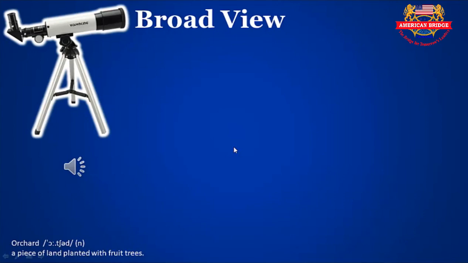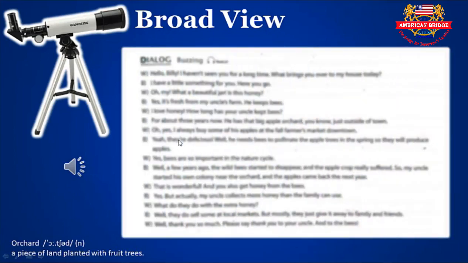And you also have a new word today, the word orchard, right? Orchard, a piece of land planted with fruit trees, okay. So you can see the picture is a little bit blurry, but after you listen to the track, teacher will show you the full one. So are you ready to start your listening, everyone? Let's go.